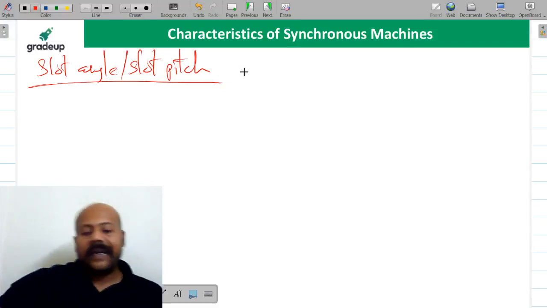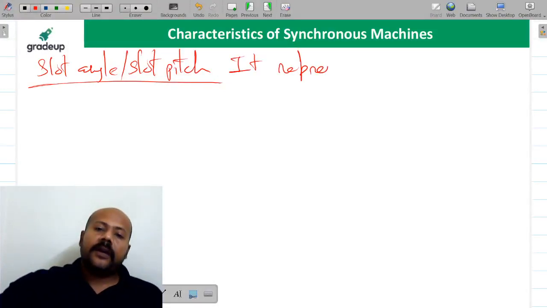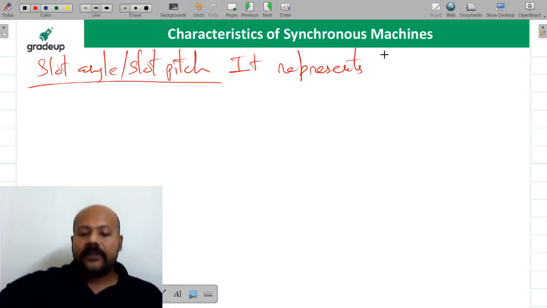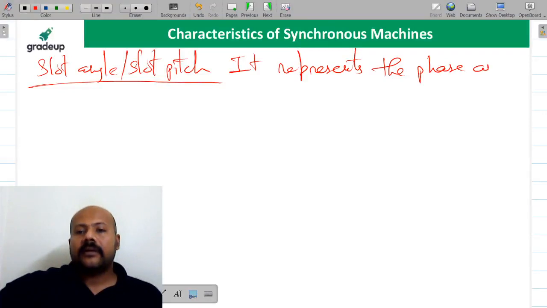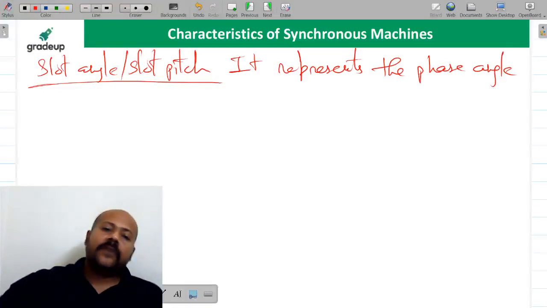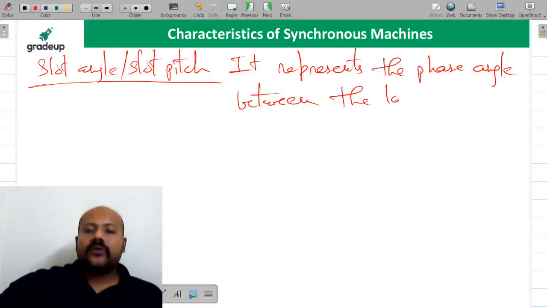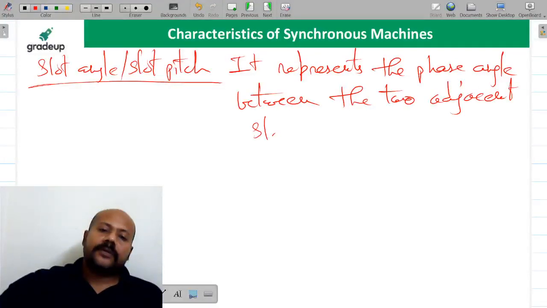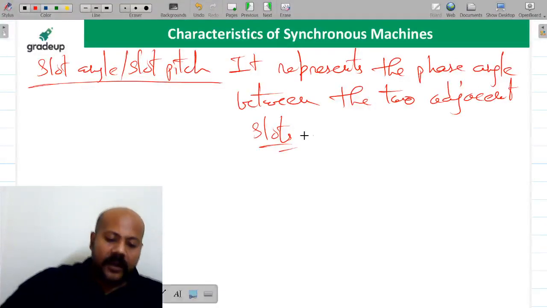We can write it as: it represents the phase angle between two adjacent slots. A simple definition you can have. I hope it is clear, beta.